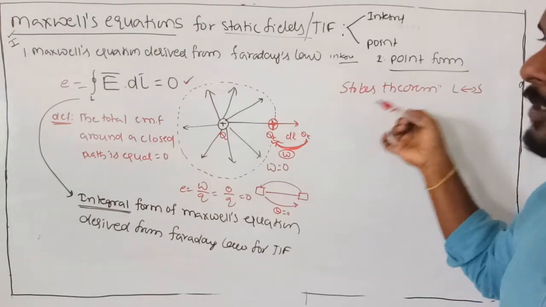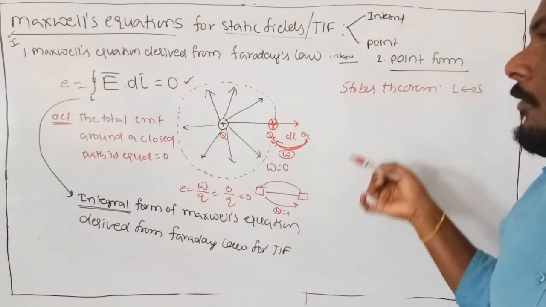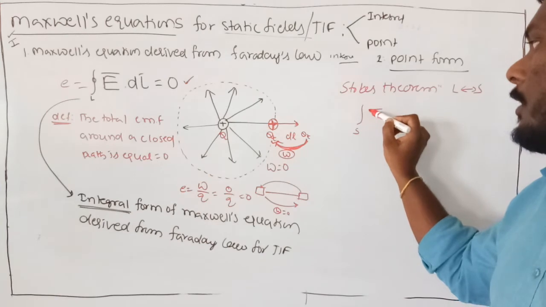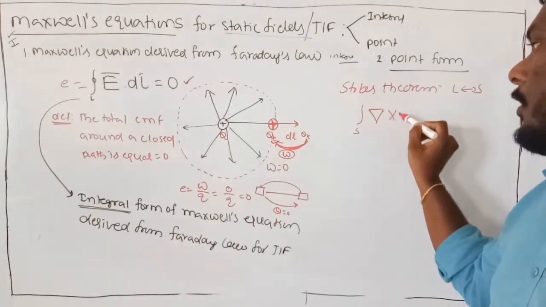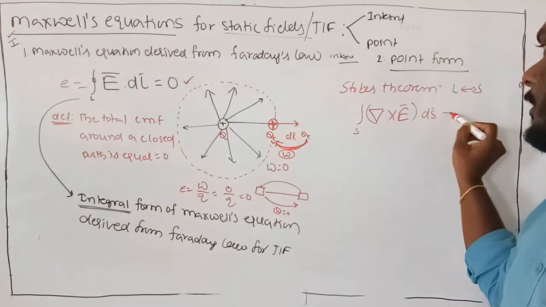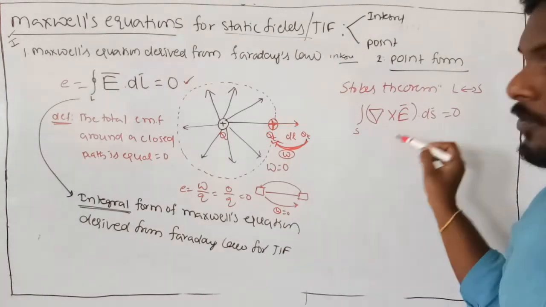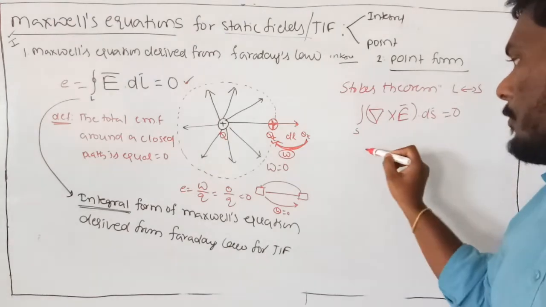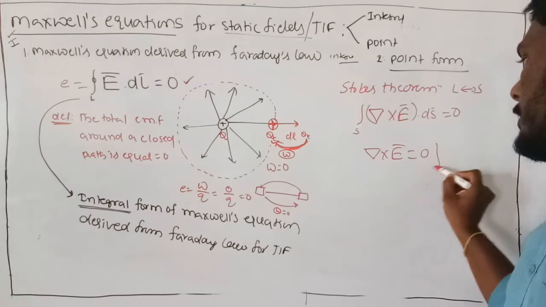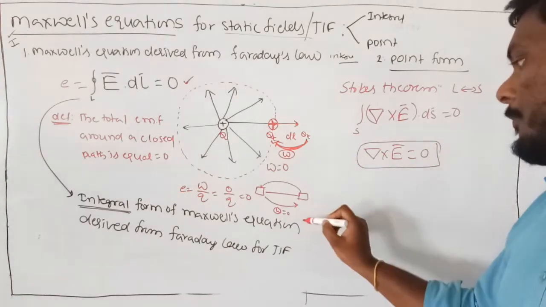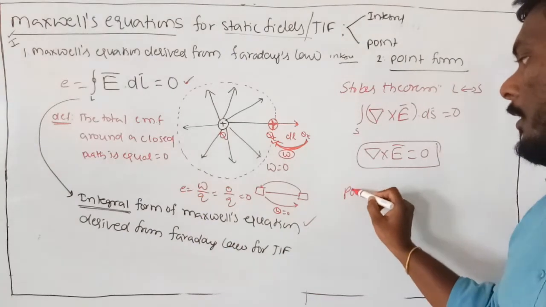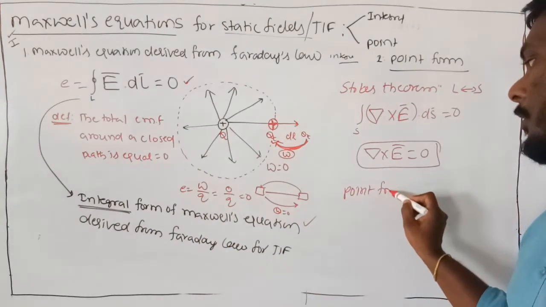When we convert line integration into surface integration, we have to use the curl operation. Curl operation is indicated with del cross E bar dot ds bar equals to 0. For isotropic materials, we can remove the integration on both sides so that we get del cross E bar equal to 0. This is the point form. Similar words you have to write here, just by replacing integral form with point form.